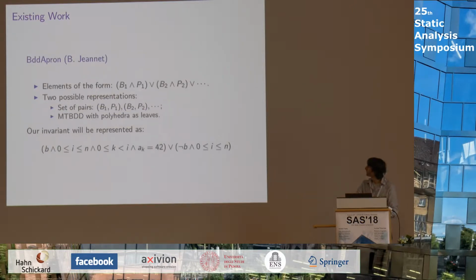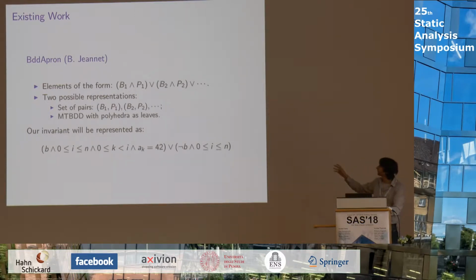What we did use for a while is this BDD-apron domain by Bertrand Jeannet. Unfortunately, I think there is no publication corresponding to it. What BDD-apron can do is you can have elements of the form B1 and P1, or B2 and P2, and so on, where B1, B2, and so on are disjoint Boolean formulas, and P1, P2, and so on are apron polyhedra.